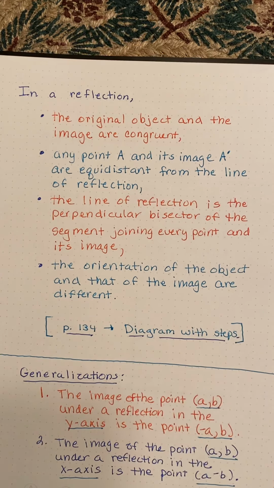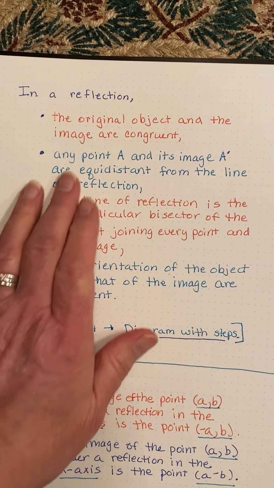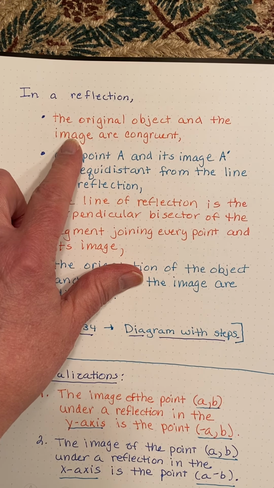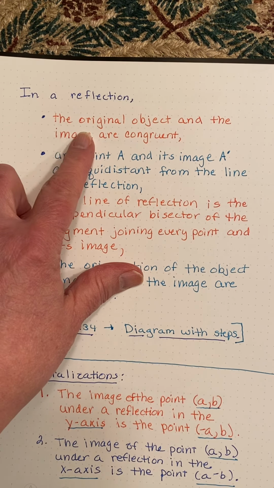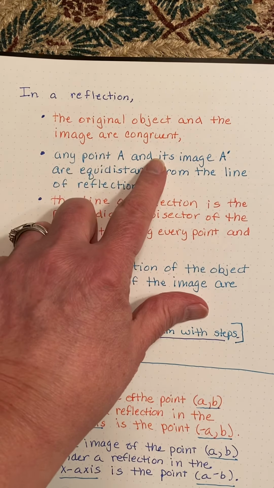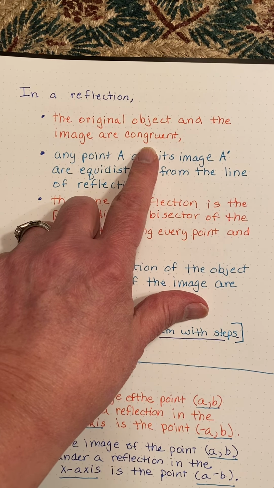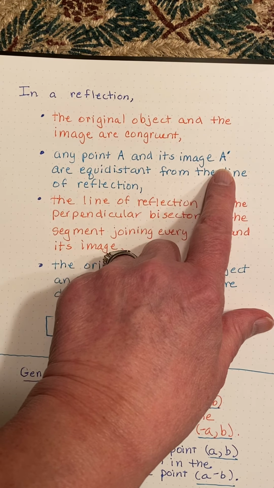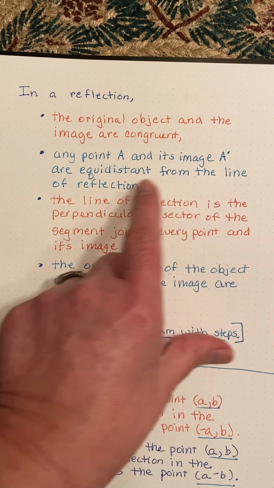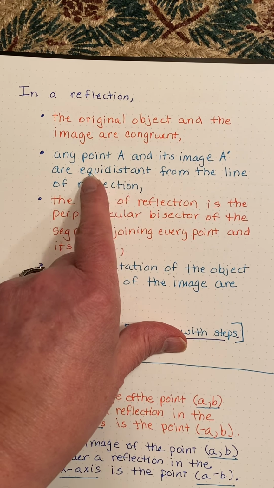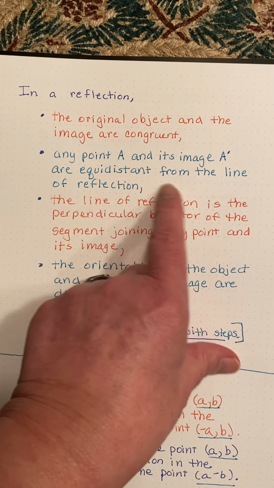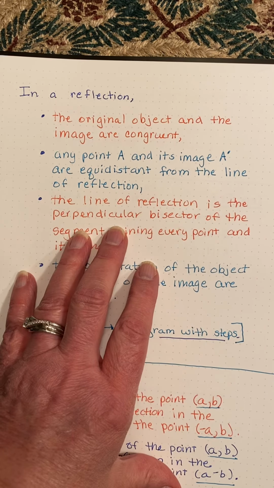Reflections are a little tricky. However, here are the rules. In a reflection, the original object and the image, so the image would be the reflection, are congruent, so they're exactly the same. Any point A and its image, which we would say A with a tick mark, are equidistant, or equal spaces apart, from the line of reflection.